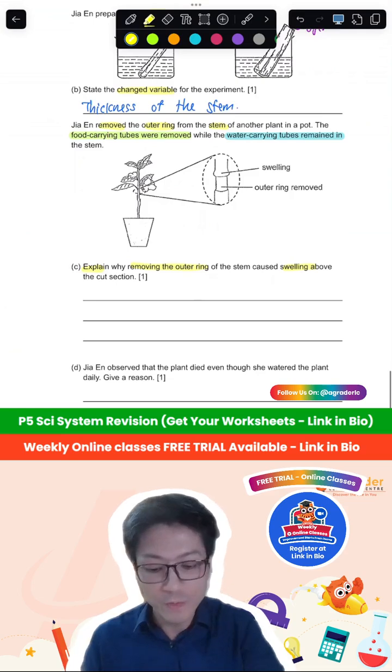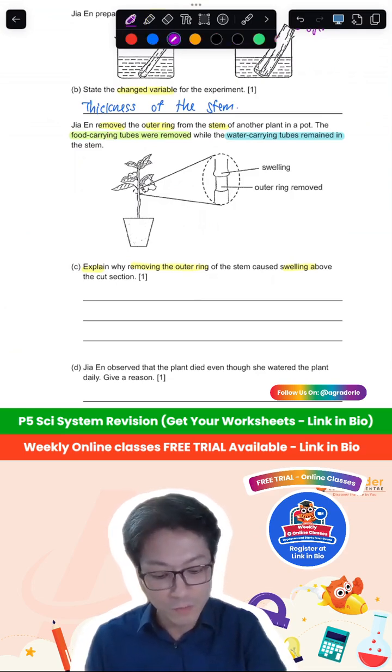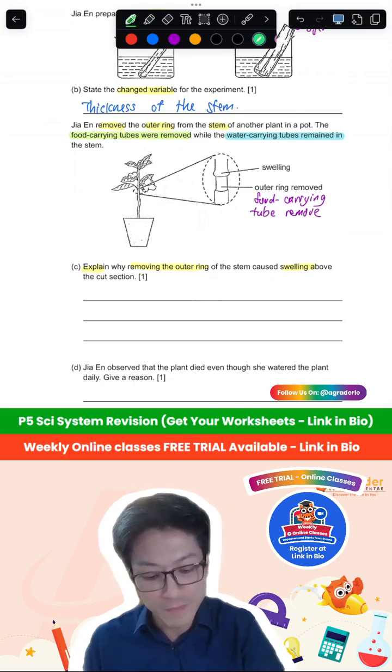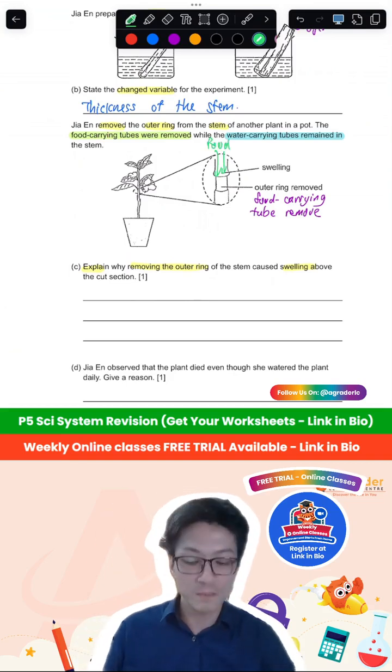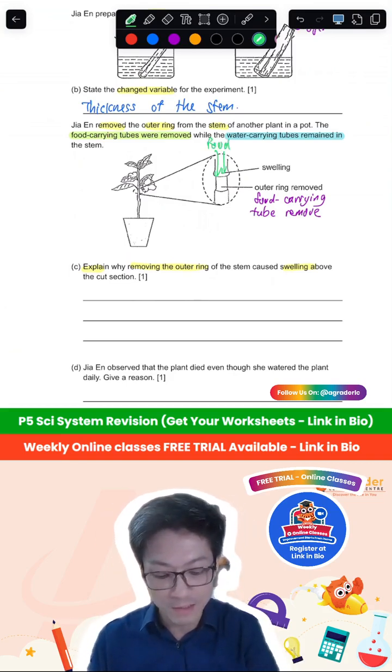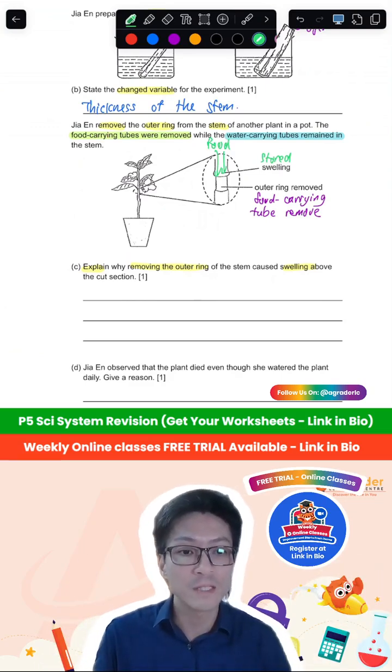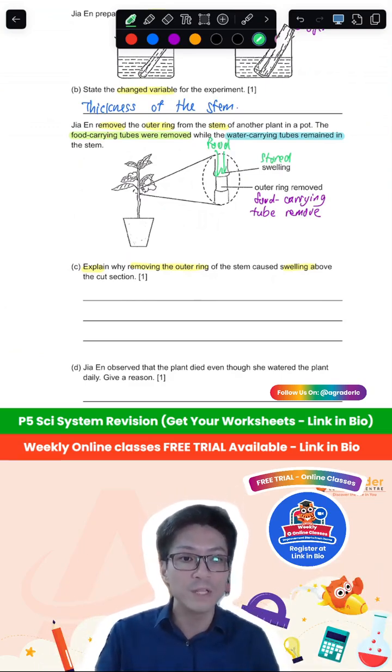Because if the food carrying tube is removed, then the food that is made by the leaf cannot be transported, so it will be accumulated here. That's why it will swell up.